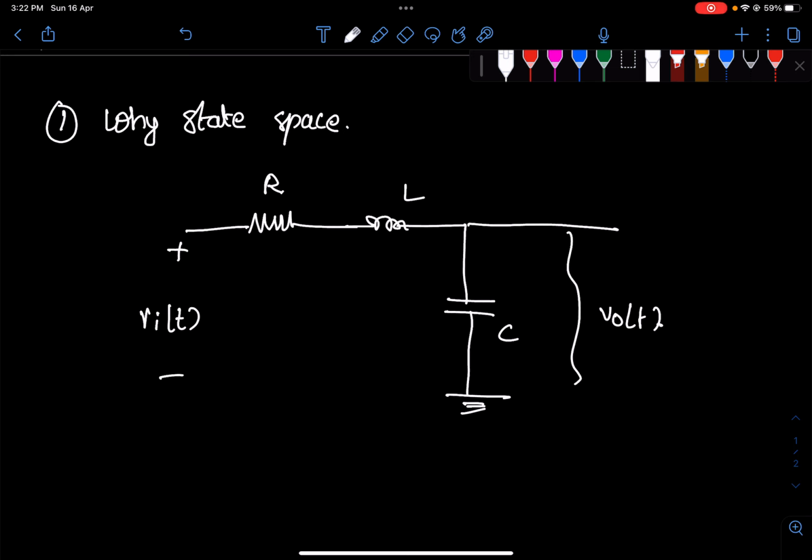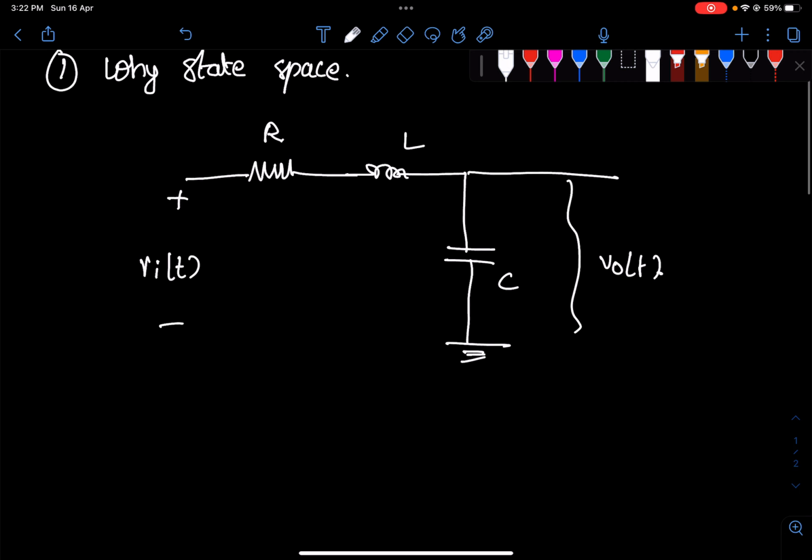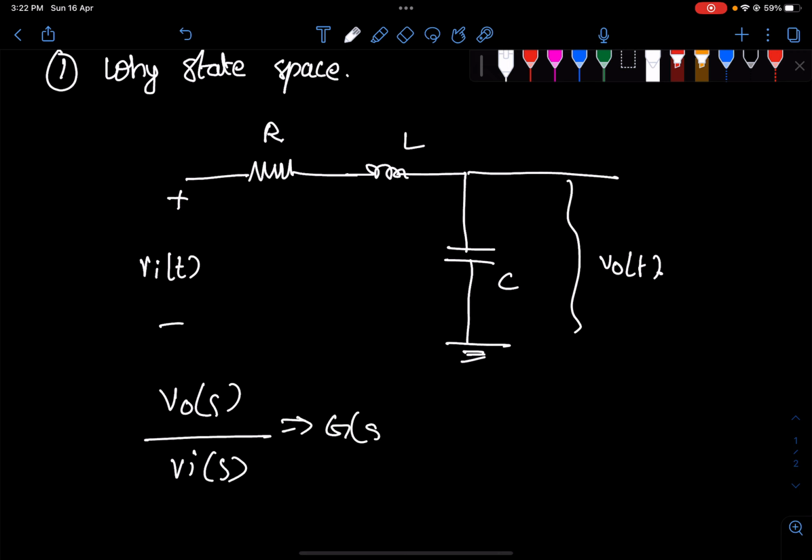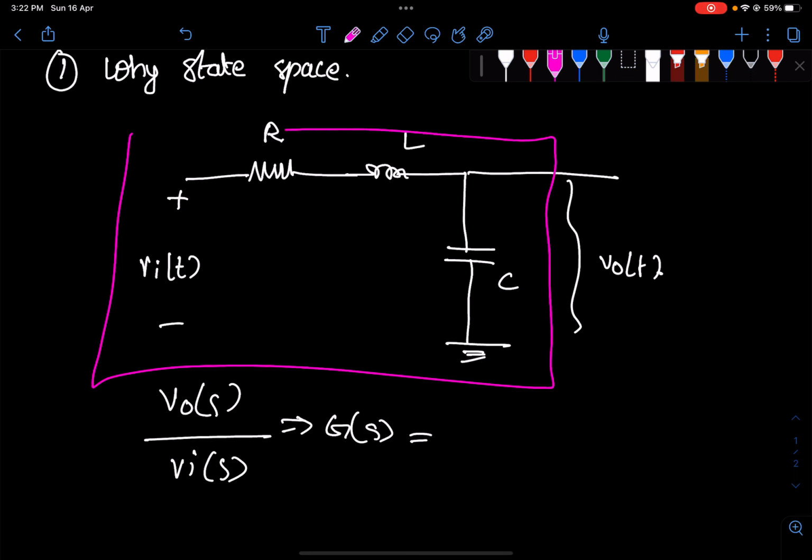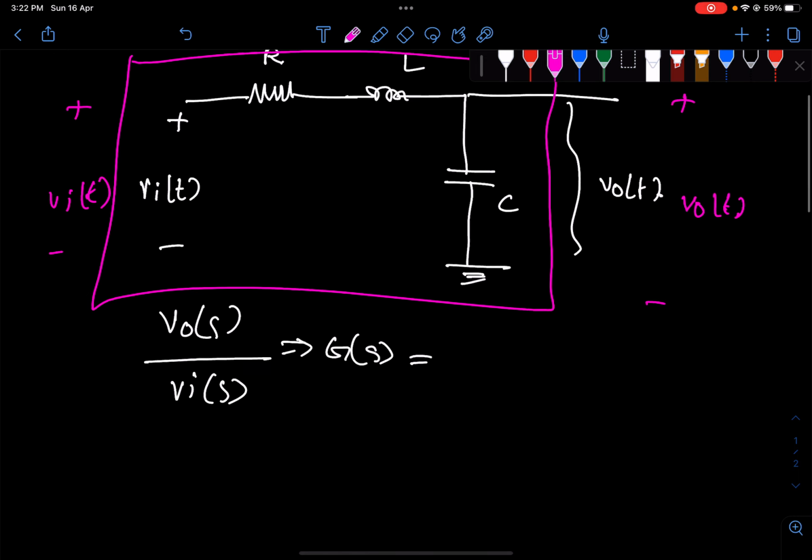With the normal control system techniques, we convert the circuit to the Laplace domain and get V0(s) divided by Vi(s). This is the transfer function G(s), and we will have the equation for that. We can study the system as a whole by giving the input vi(t) and getting the output v0(t).